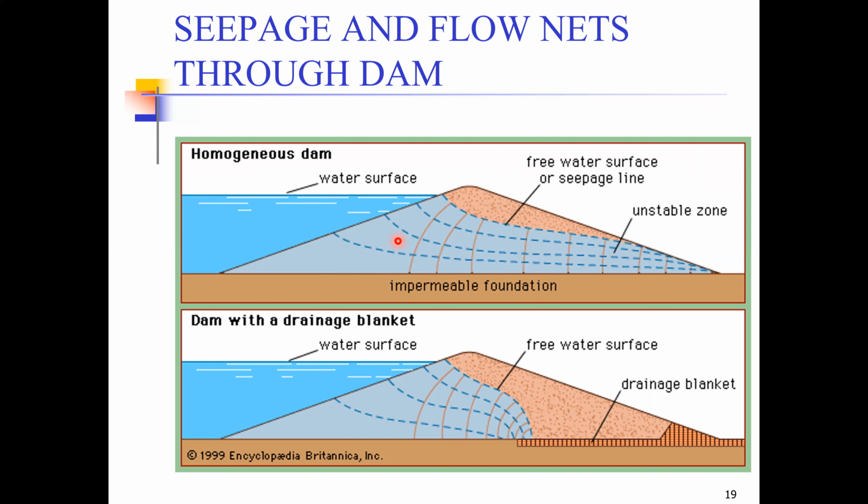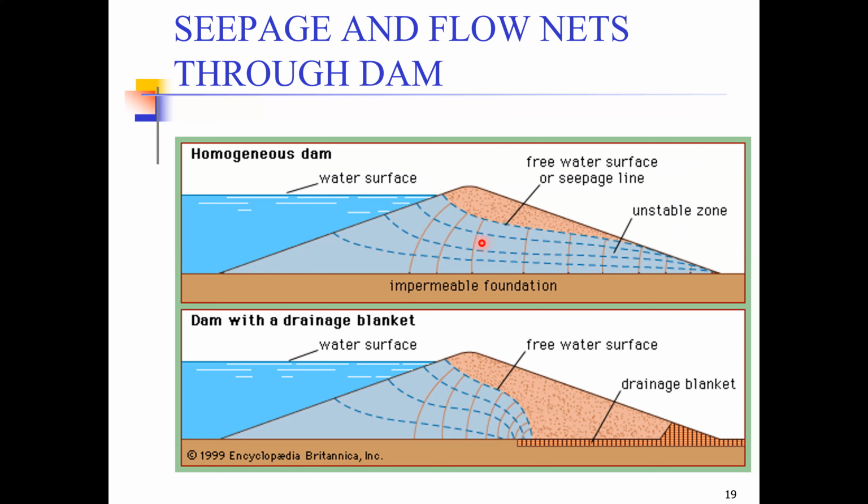Because this water is so much, the pressure of the water is so much, and the soil that we use to block the flow of water of course has some permeability. Although we try to make it as impermeable as possible, it always has some permeability. So because of this permeability, there's always some flow of water through this.